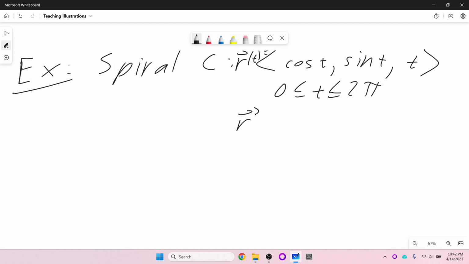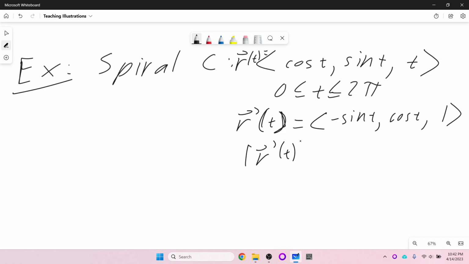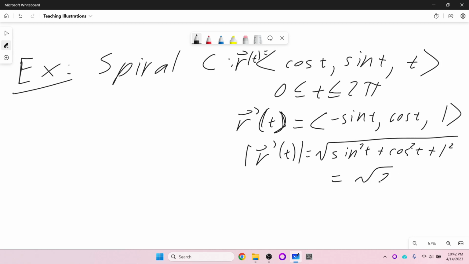What would r prime of t be? Well, let's do the derivatives. We will get negative sine t, cosine t, and 1. So then the length of r prime would be the square root of sine squared t plus cosine squared t plus 1 squared, which is square root of 2.